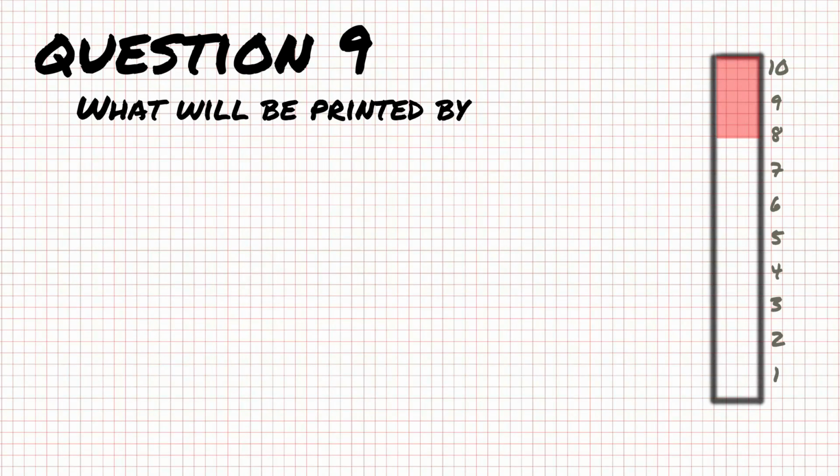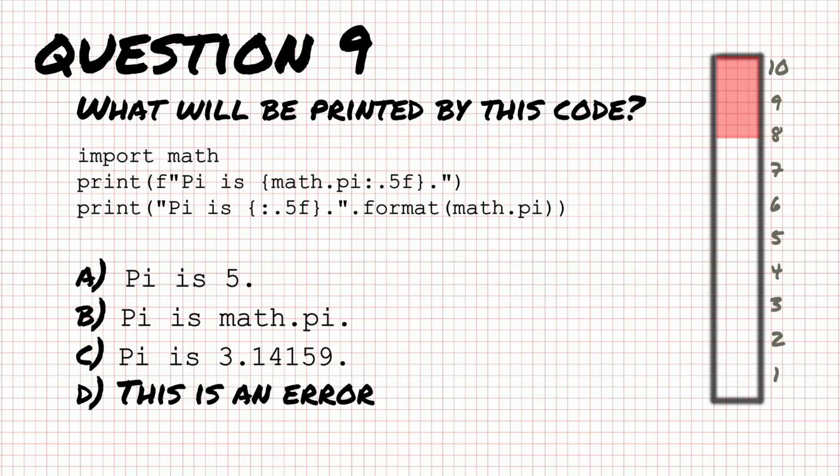Question 9. What will be printed by this code? I'm going to show it both as an f string and with the string format method. The answer is the same for both. Import math, print(f"pi is {math.pi:0.5f}"), or print("pi is {:0.5f}".format(math.pi)).